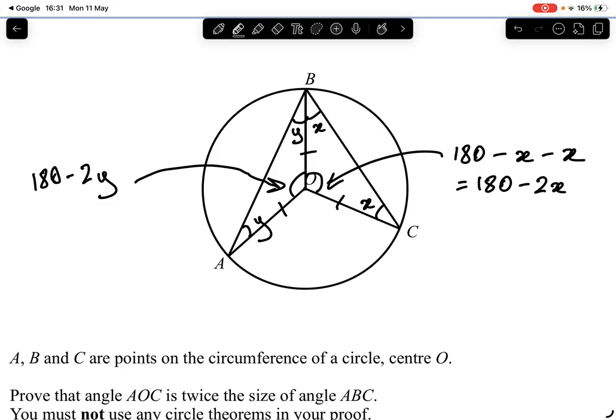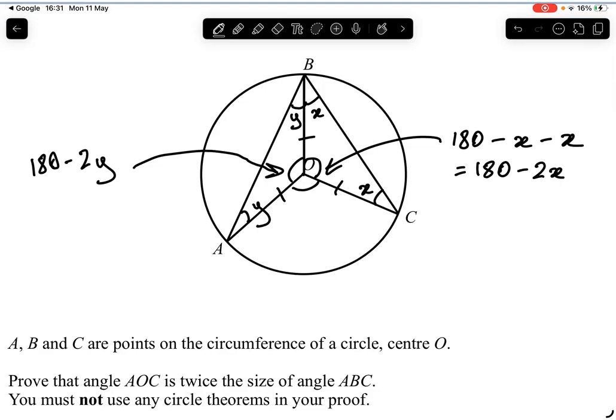Now, to get the angle in the middle that we want, the angle at the centre, we need to do 360 subtract these two angles that I've just worked out, because angles in a full turn add up to 360. So we're doing 360 subtract (180 subtract 2y) subtract (180 subtract 2x).